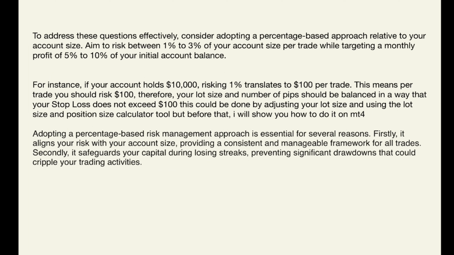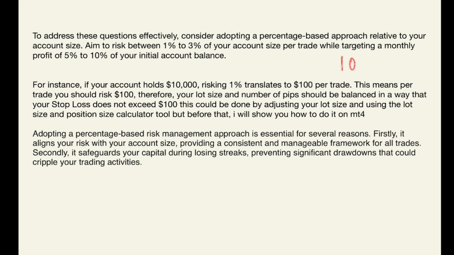Now this means you need to adjust your lot size. Let's say you get into a trade that allows you to risk 10 pips, and there is another trade that allows you to risk 20 pips, and you keep in mind that you don't exceed 100 US dollars.